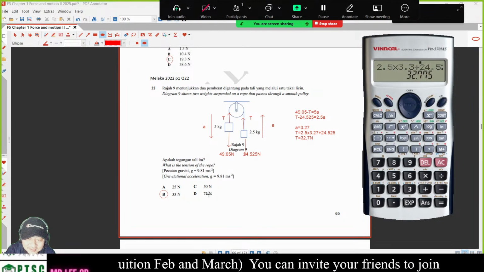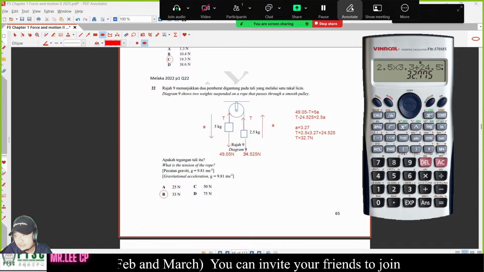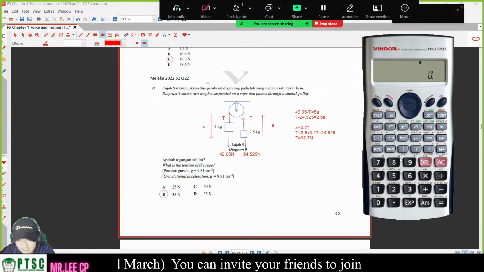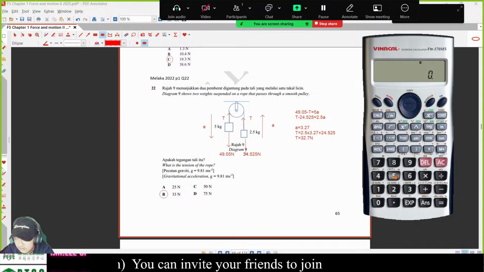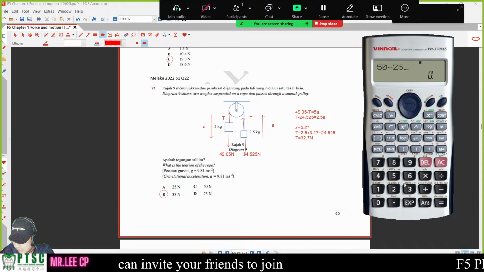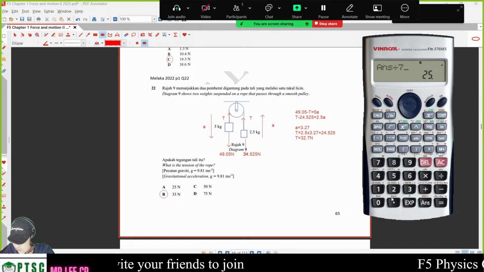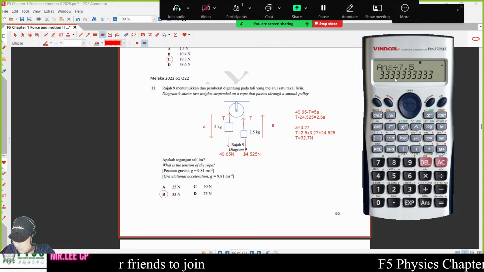Because this one and this one are very far apart. Or maybe they use gravity as 10. I try: 50 minus 25 leaves 25, divided by 7.5 is 3.33.